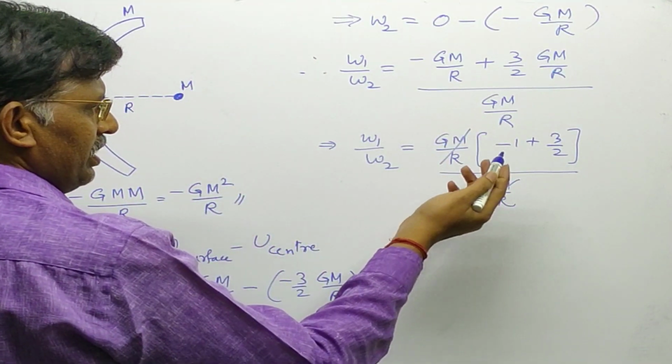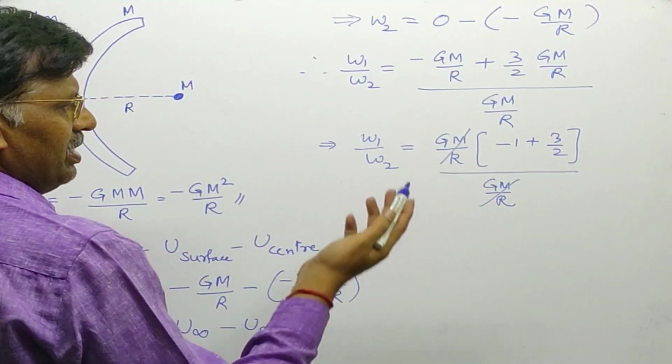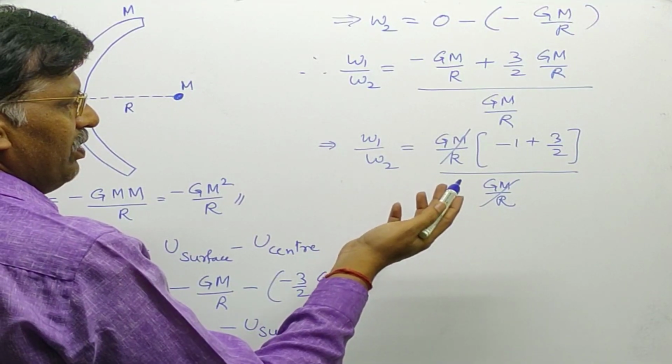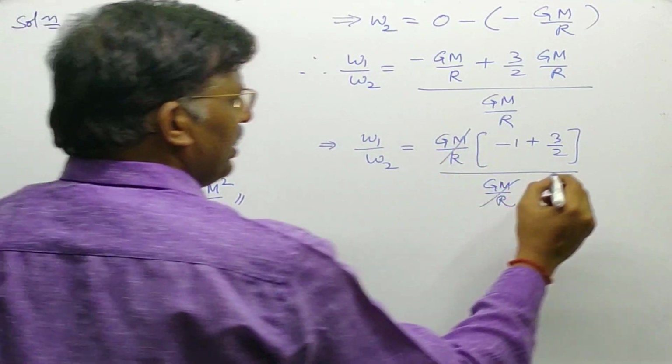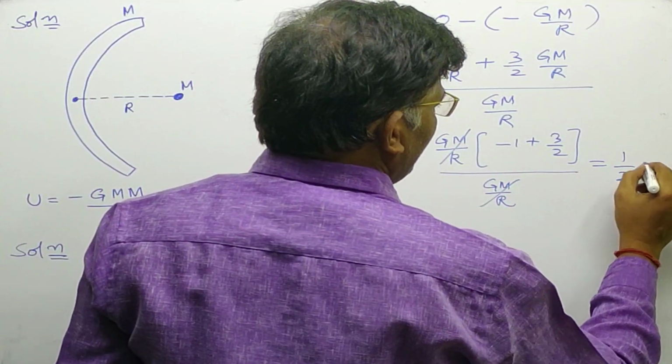So that is 3 by 2 minus 1. 3 by 2 is nothing but 1.5, 1.5 minus 1 is 0.5, and 0.5 is nothing but 1 by 2.